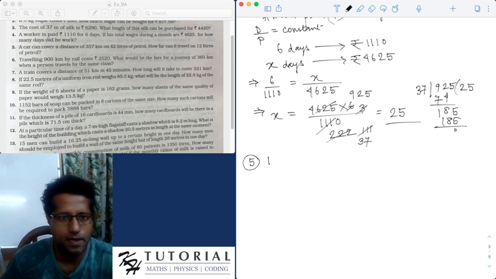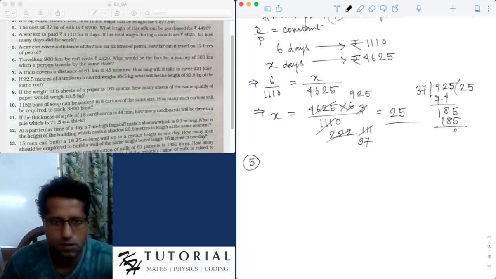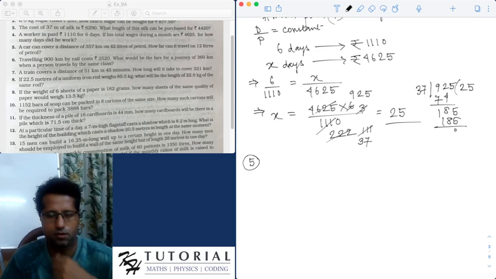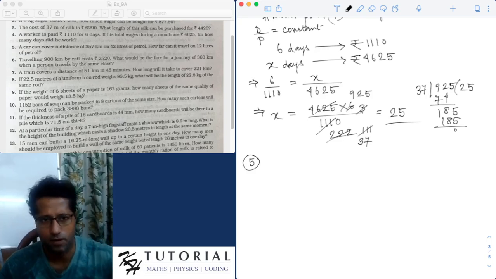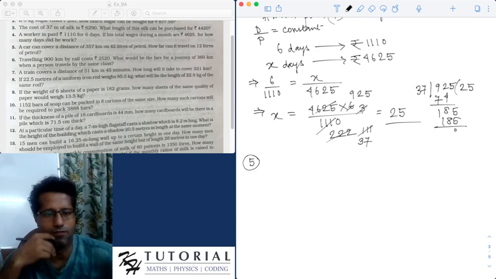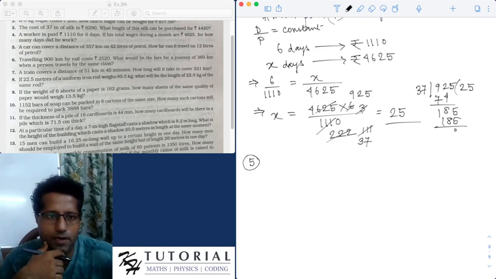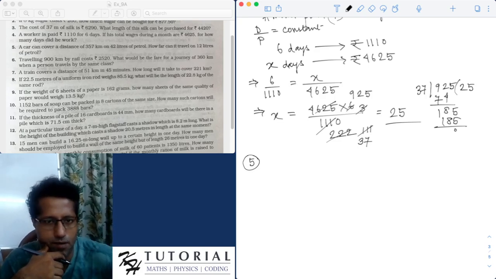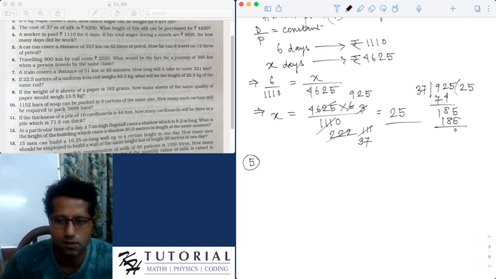So it is given that a car can cover a distance of 357 kilometer on 42 liters of petrol. So the quantities here are distance covered and the amount of petrol. If the amount of petrol is more, definitely the car will cover more distance, and if the amount of petrol is less, it will cover less distance. So they are in direct proportion.